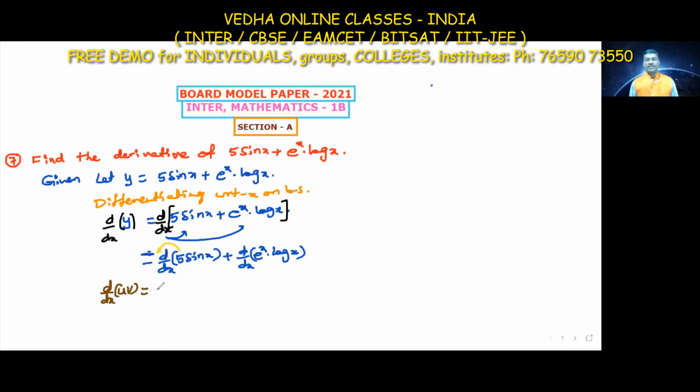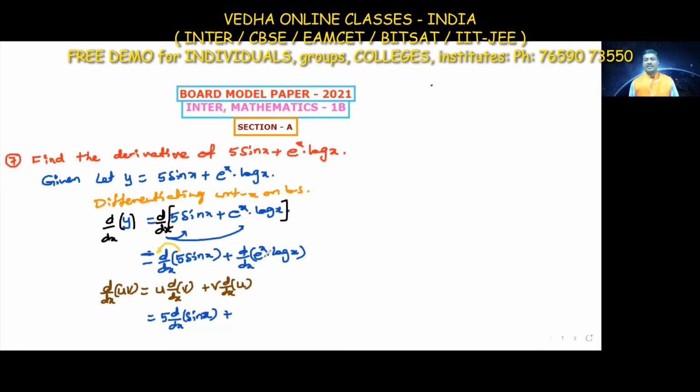It is very simple: write u outside and d by dx of v, and write v outside and d by dx of u. This is the formula we are going to use for the second term. What about the first term? In the first term, write this coefficient outside and write the d by dx of sin x.